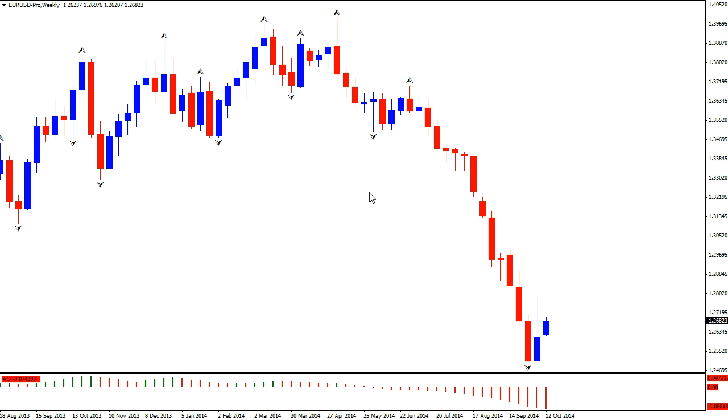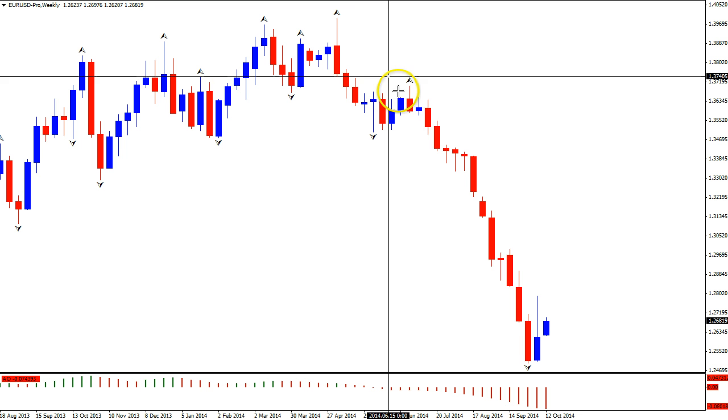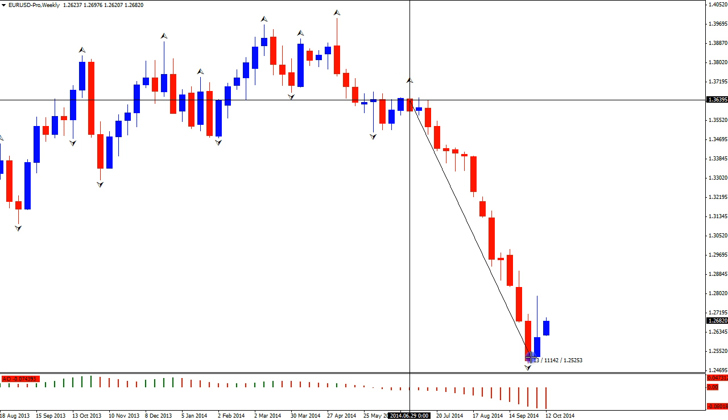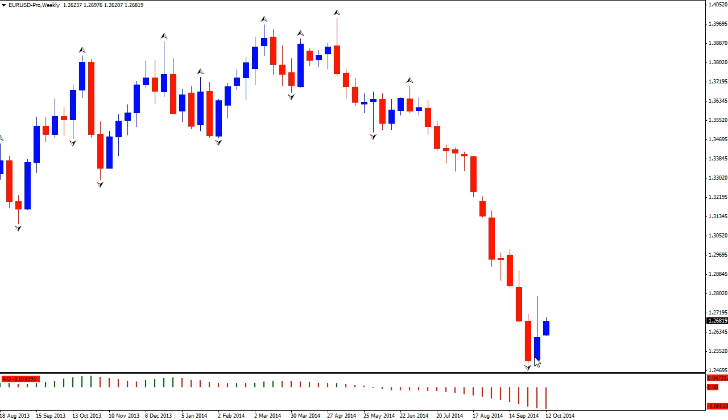This is the euro-dollar weekly chart, and we start off, of course, with the biggest major here. Surprisingly, for the first time in a long time, I'm talking about a 13-week run downwards with bearish candles. Last week ended up bullish after a decent down run. Of course, those things can happen.